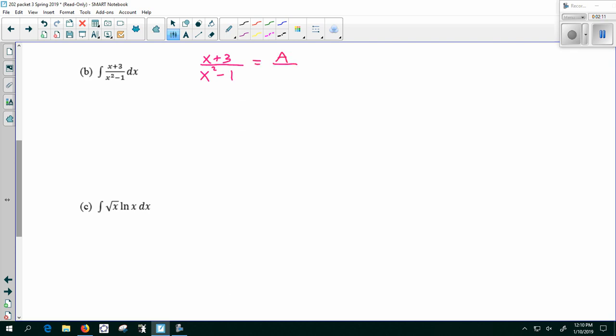So we put a constant over one factor of the denominator plus a constant over the other factor, because x squared minus 1 factors to x plus 1, x minus 1. Then we multiply both sides of this equation by the common denominator, x plus 1, x minus 1.